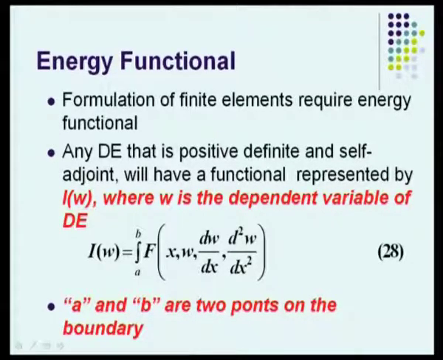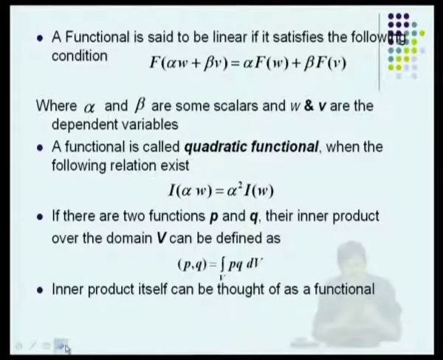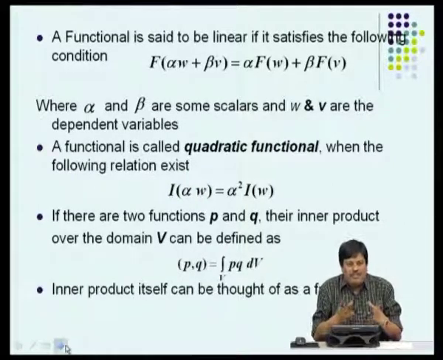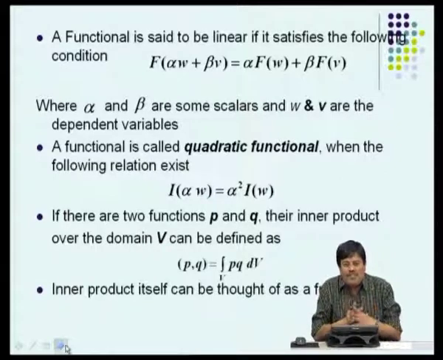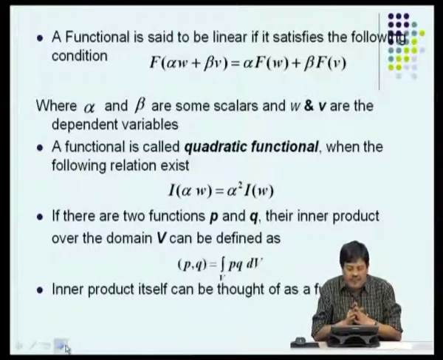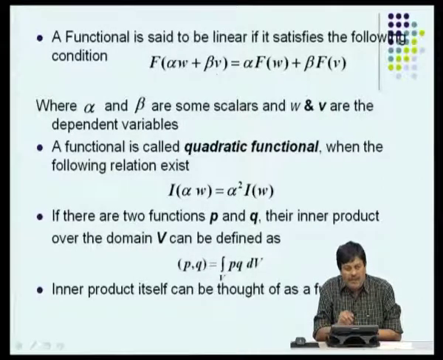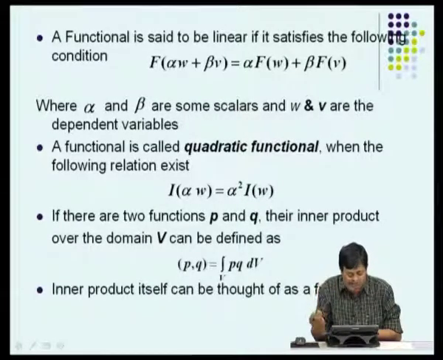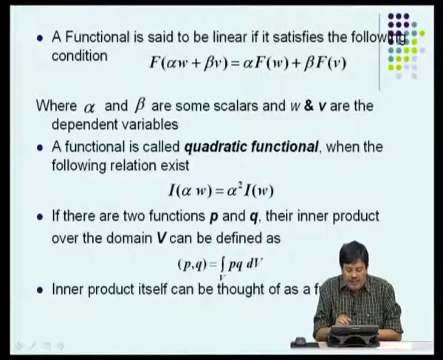So, let us see how this translates to some of our conventional structures like a beam. But before going into it, let us talk about some of the properties of this functional. A functional is said to be linear if it satisfies this condition: if you have a functional of alpha w plus beta v, where w and v are two functions or dependent variables, and we can write this as alpha into f of w plus beta into f of v, then we call such a functional linear.